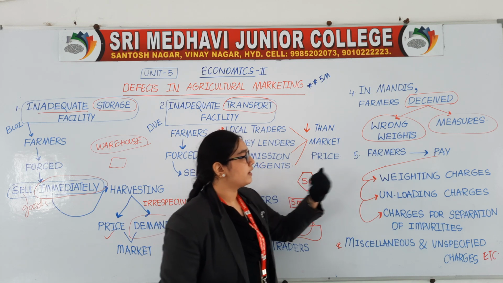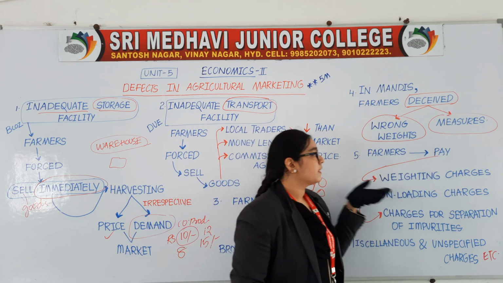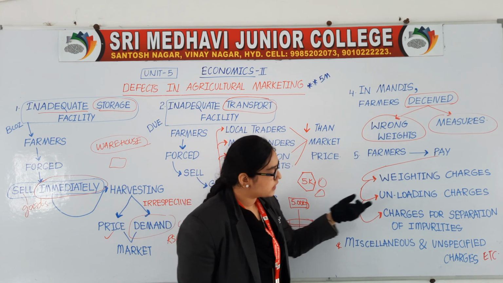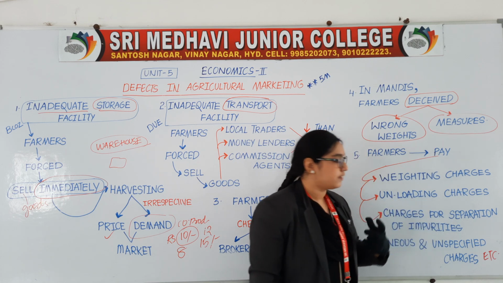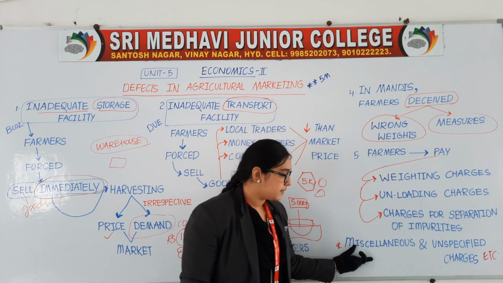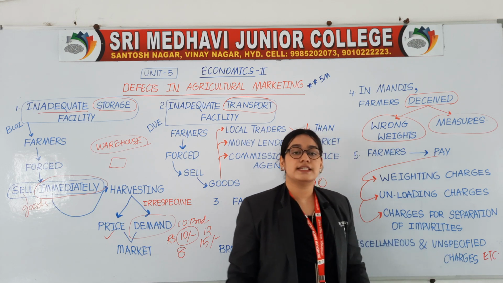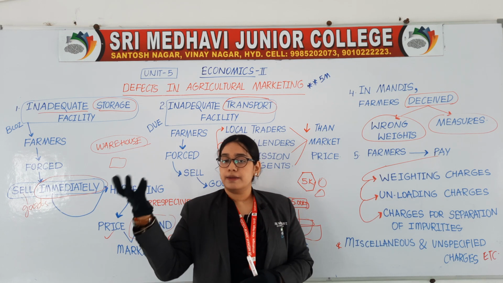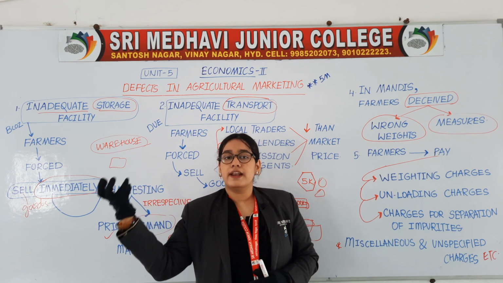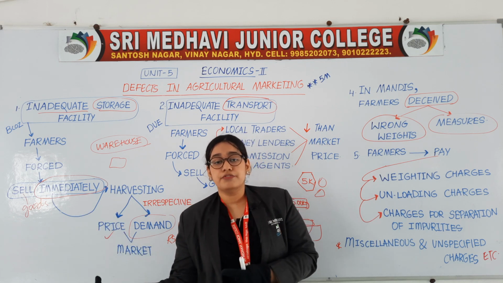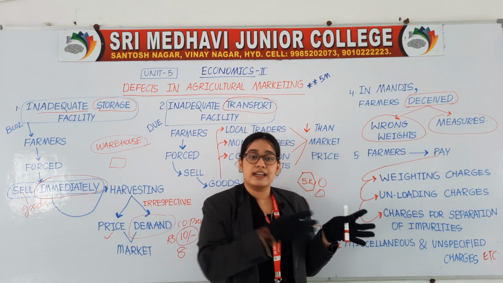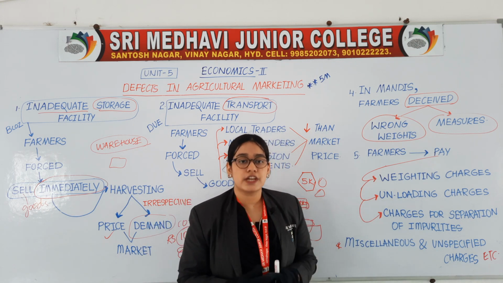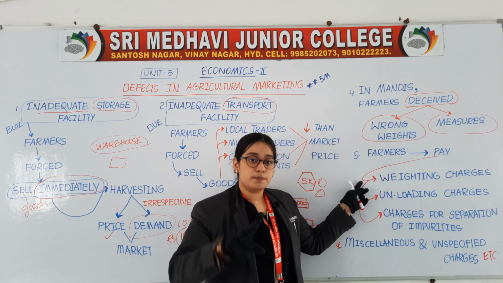Then the last and fifth point: farmers need to pay waiting charges, unloading charges, charges for separation of impurities, and miscellaneous and unspecified charges, etc. There are many expenses for them. From the point the goods are brought from the agricultural land to the market, they need to pay many charges in the middle. What kind of charges? For the waiting of goods, they need to pay charges.